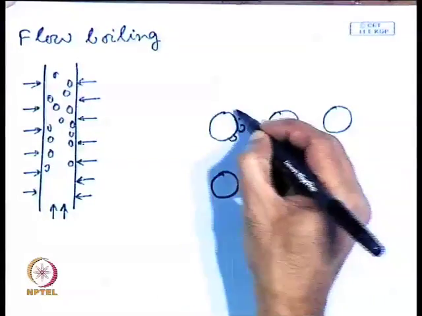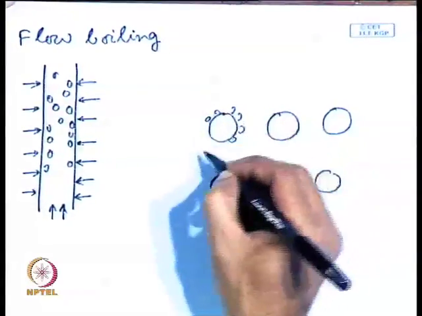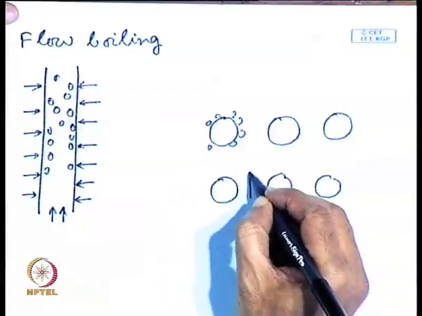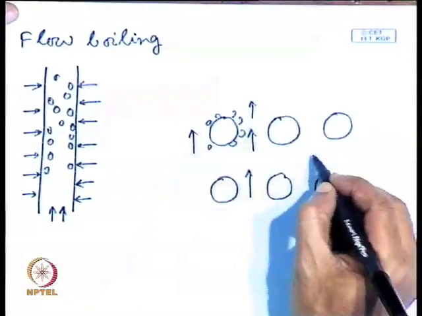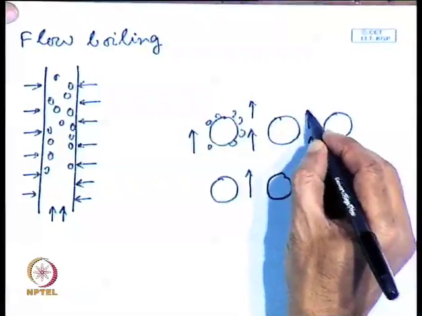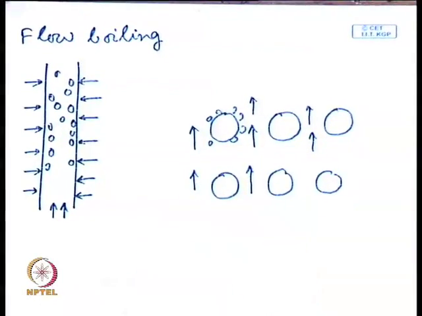Boiling will take place outside, but there is a motion of fluid. So, this is again an example of flow boiling, and it goes without saying that the applications of flow boiling are many more compared to pool boiling in our industrial practice.